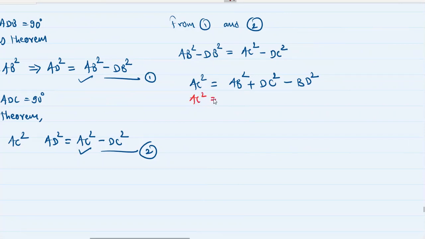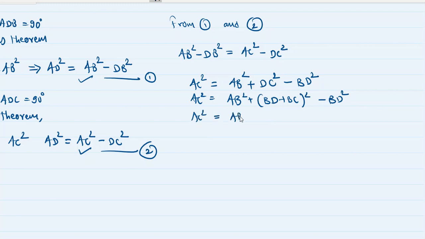Let's do that. So AC square is equal to AB square. See, this is your learning, okay? So don't just give up that this is very tough. This is how Pythagoras theorem and its applications work. AB square plus DC becomes BD plus BC the whole square minus BD square. So AC square is equal to AB square plus BD square plus 2BD into BC plus BC square minus BD square.